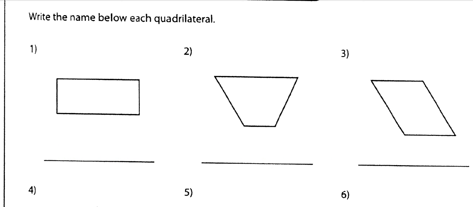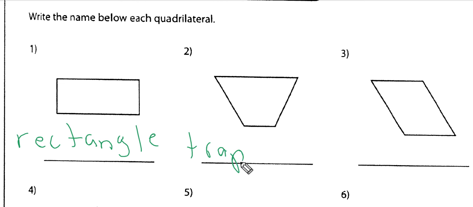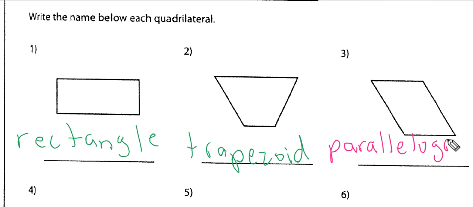Let's draw a rectangle. Just say this was a trapezoid. And then number 3 is a parallelogram. It's an M, by the way.